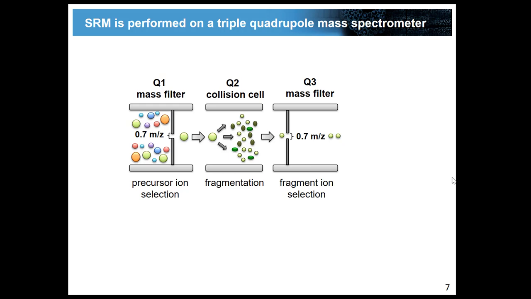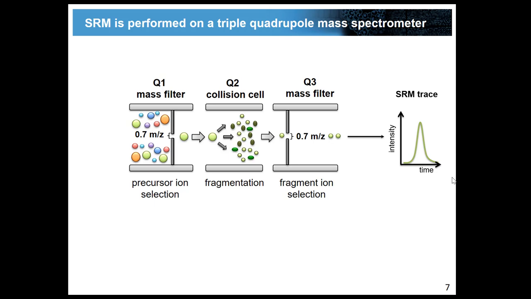So if now a mixture of different peptides elutes at a certain time point from your HPLC column, and it enters the mass spectrometer, the first quadrupole will isolate, hopefully, ideally, just a single ion out of this mixture of ions. The single ion type will then be fragmented in the collision cell, and then you will again just select a single one out of these multitude of fragments that are formed, and then you will record the intensity of that single fragment ion over time, and this will lead to such a chromatographic trace or an SRM trace.